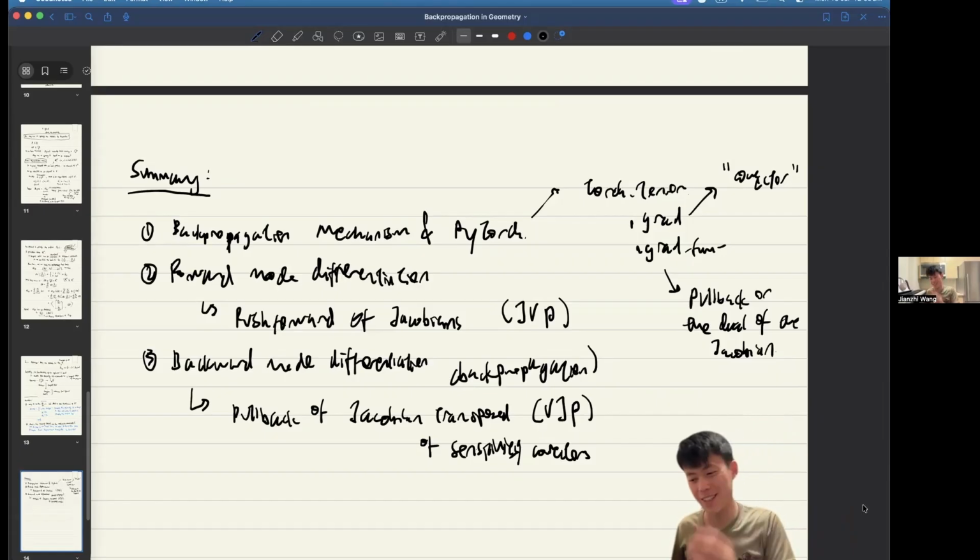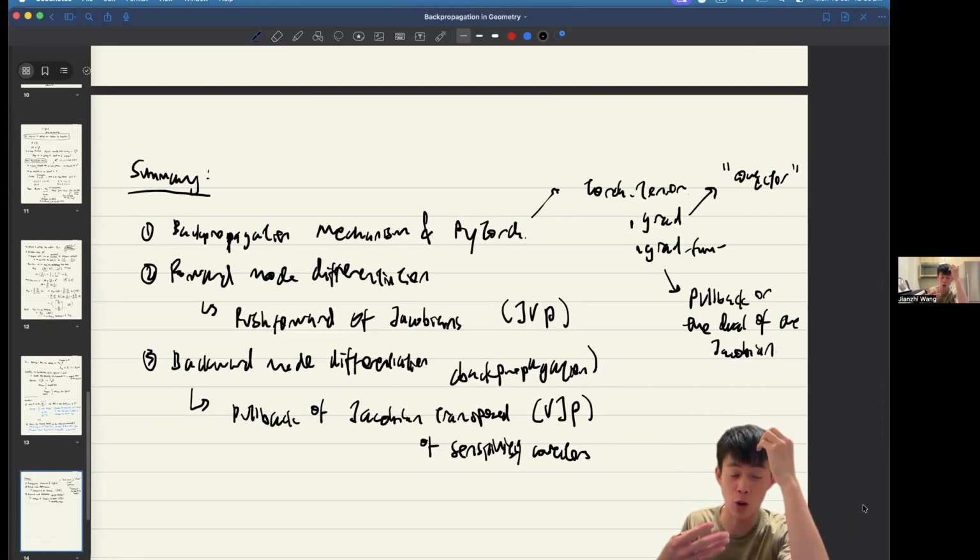I don't really like this acronym. It should actually be called the Jacobian transposed vector product. Because we are again applying Jacobian transposes and we are doing it in the reverse order because we are going from the back, because it is in the dual space. We are saying if we have a scorer that scores a change in some intermediate variable, how does that scorer translate into the actual parameter space?